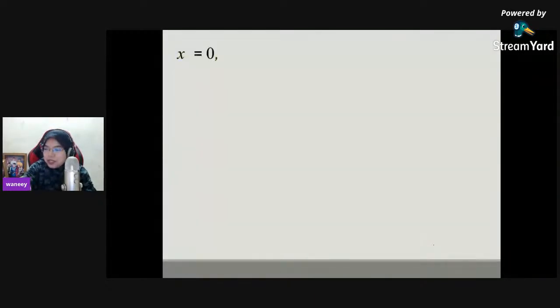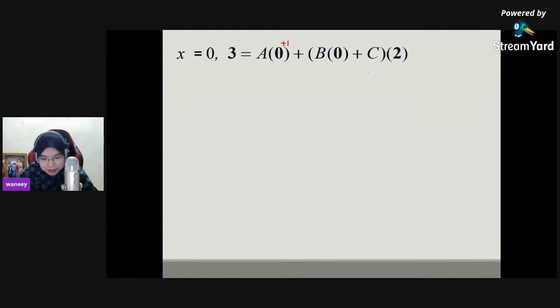Okay, so now substitute with x equal to 0. You are going to get, kenapa a dia times with 0? 0 plus 1 actually. 0 plus 1. I miss out the 1. Can you please add them? So 0 plus 1, b times with 0 plus with c. Okay, so what do we have over here? Is c equal to 6 over 5.